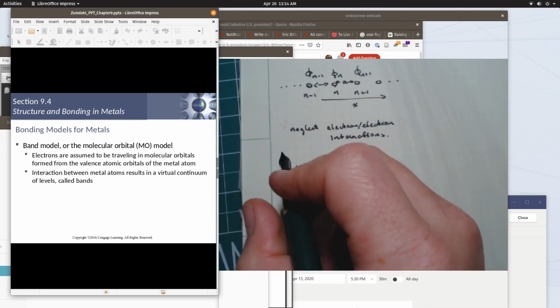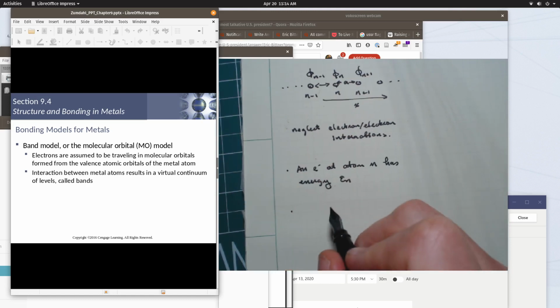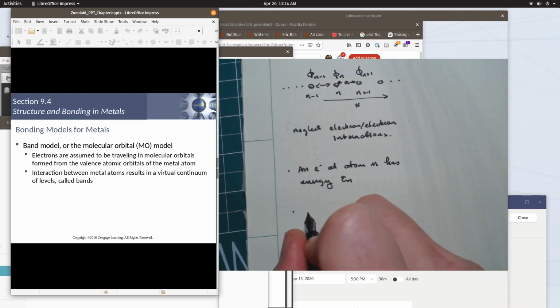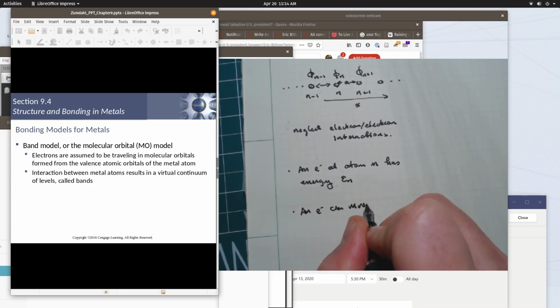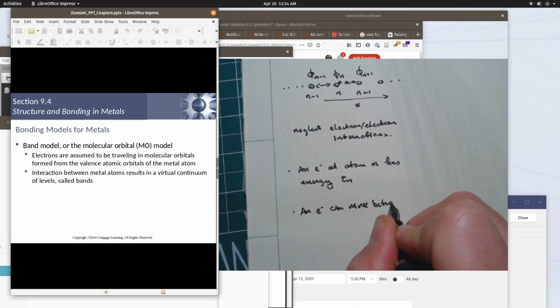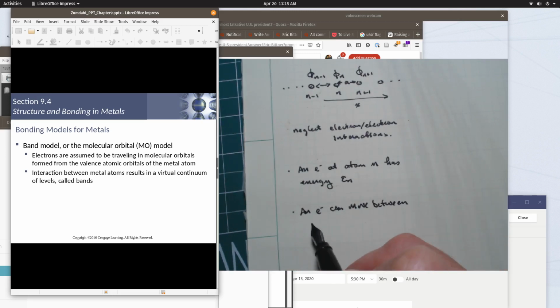And then I'm going to say that an electron can move to neighboring orbitals.